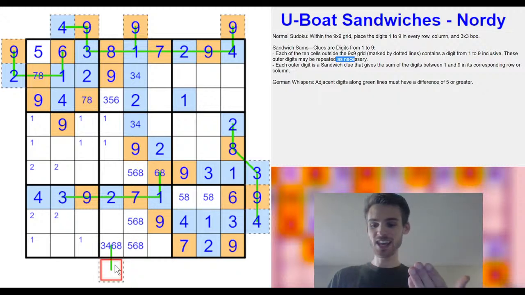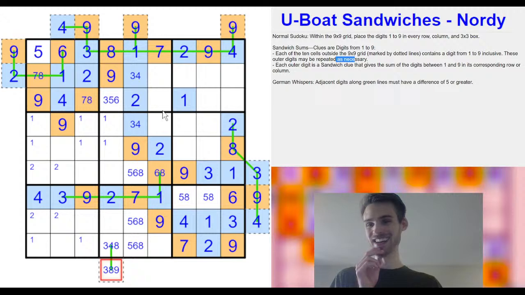So if this is an 8, it can never be a 1. It can't ever be a 2 because that's not going to work with the sum. It could be a 3. Oh, 6 is never going to work because that will mean the sum is 1. So if it's high, it's 8. If it's low, well, Nordy just told us that all the outside clues are 9 if they're high. But I'm not going to use that. It's 8 or 9 if it's high.